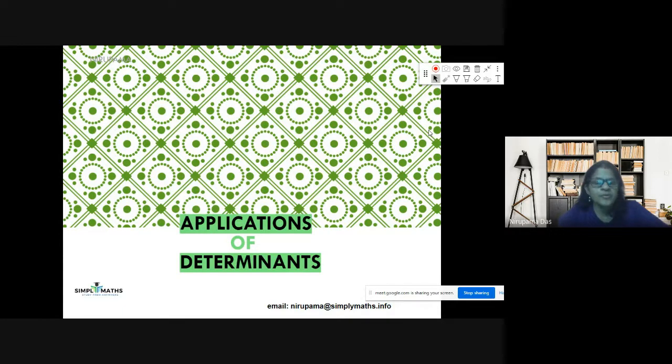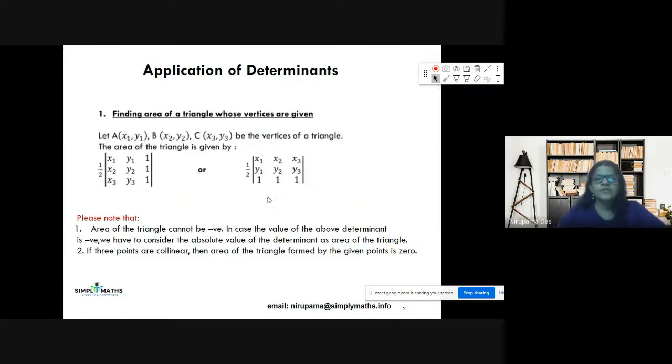Cramer's rule is not in the syllabus of standard maths, but it is in applied maths in the CBSE syllabus, so I will be teaching it in one of the classes. Today we will be focusing on how to find the area of a triangle whose vertices are given by using determinants.